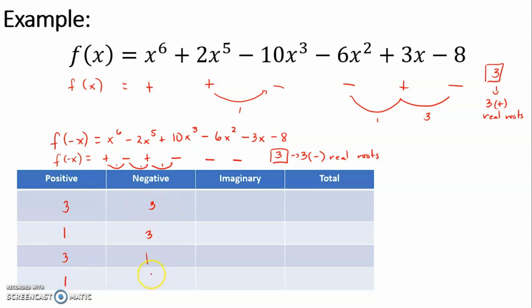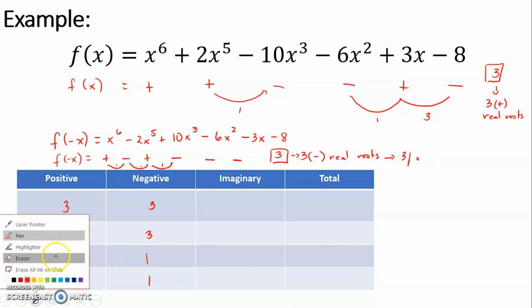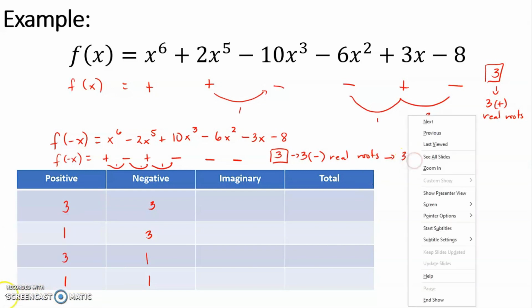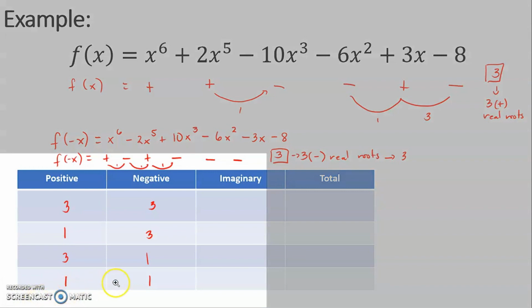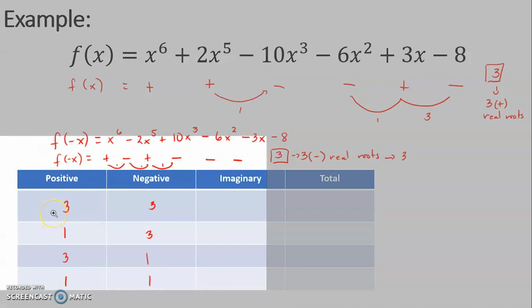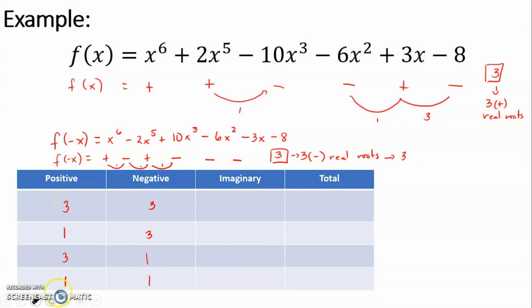In short, if I have a maximum number of 3 real roots, this means that I have 3 or 1 negative real root.